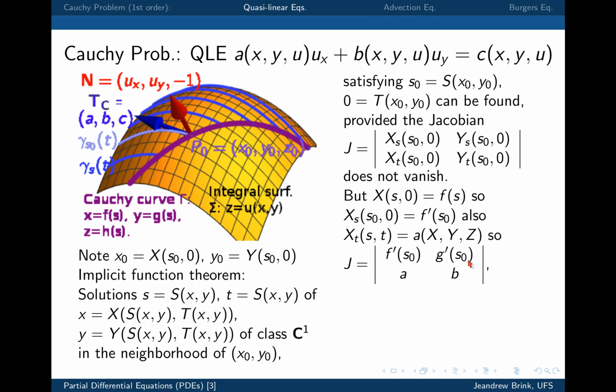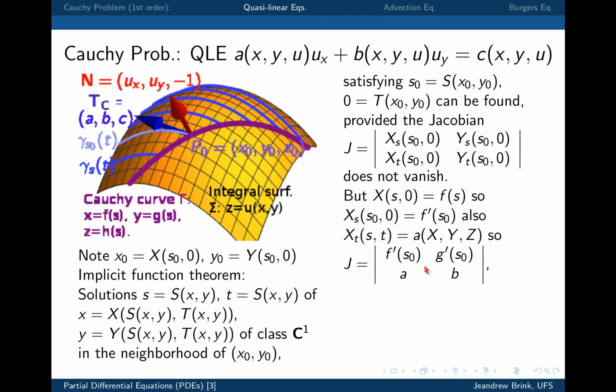And so in a similar way, we can say y of s is just the derivative of g along s. So we're looking at deviations along the Cauchy curve. So the derivative of y with respect to s is just g prime. And we also know that the derivative of y with respect to t is just b. Okay, so what we've done here is we've written our abstract Jacobian in terms of functions we actually know that have been specified in the problem.